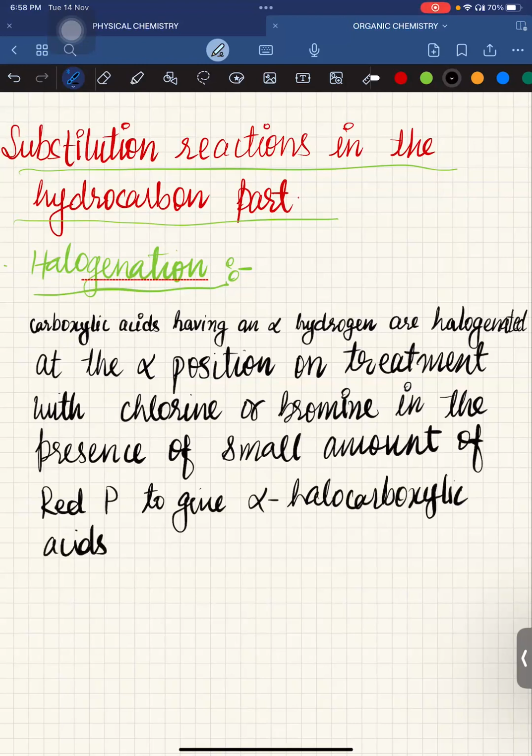With respect to the carboxylic acid group, the carbonyl group, you are going to have an alpha carbon. If that alpha carbon has a hydrogen, that is known as alpha hydrogen, and it will be replaced by this halogen.